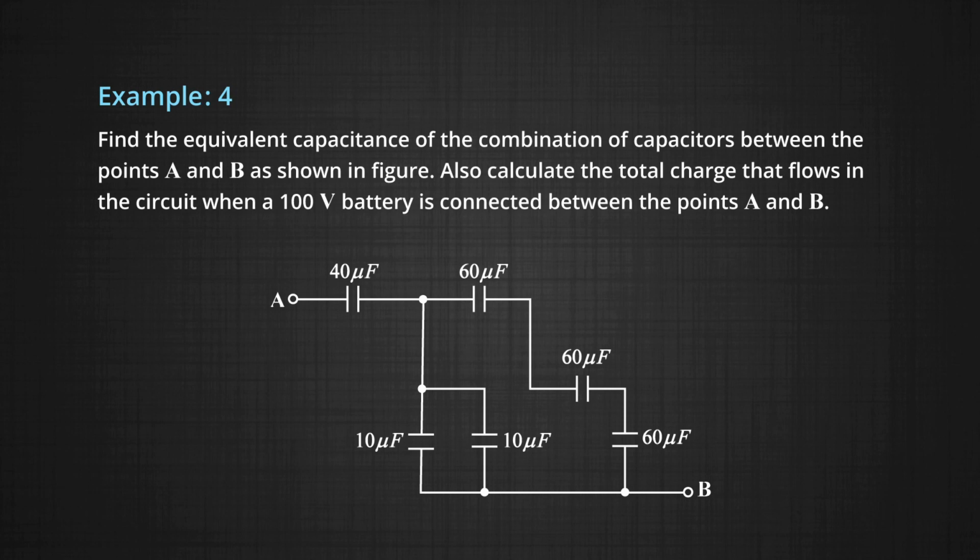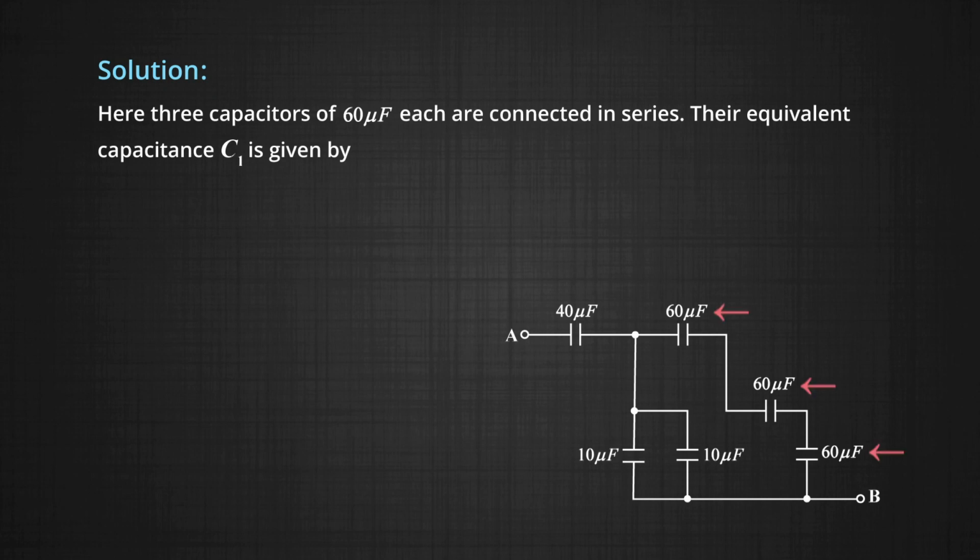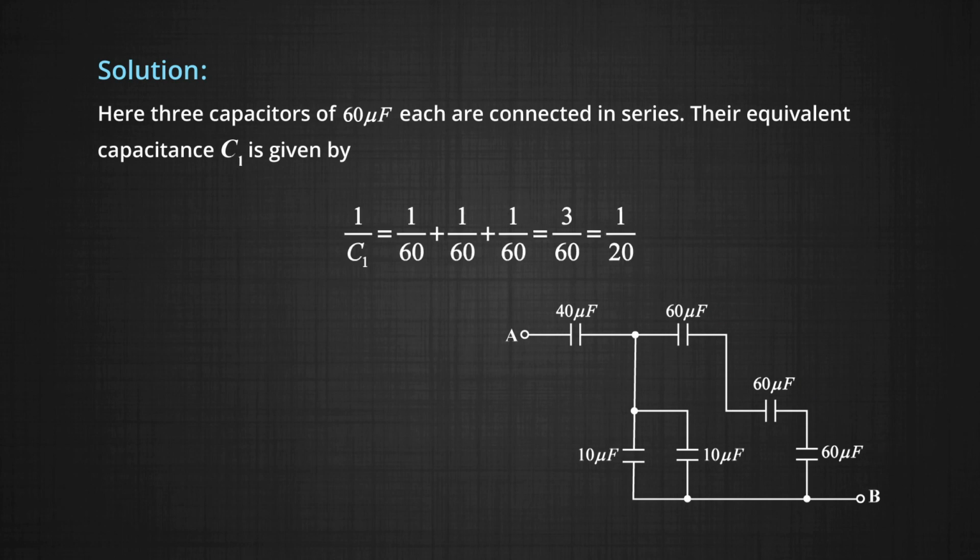The solution. Here the 3 capacitors of 60 microfarad each are connected in series, and their equivalent capacitance C1 is given by 1 upon C1 is equal to 1 upon 60 plus 1 upon 60 plus 1 upon 60, which comes out to be 3 by 60, which reduces to 1 by 20.